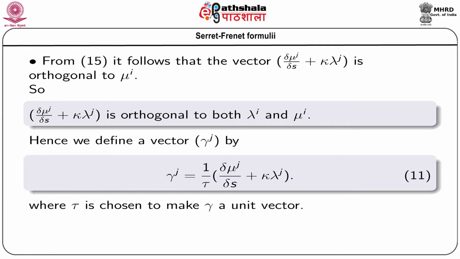Now, we know that λ^i are the components of the unit tangent vector, and μ^i are the components of the unit principal normal vector. So, we are choosing τ in such a way so that γ^j will form the components of a unit vector, which is named the binormal vector.